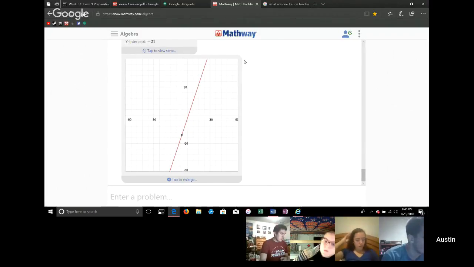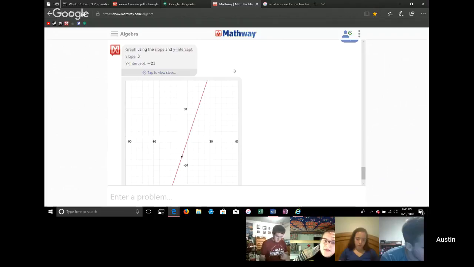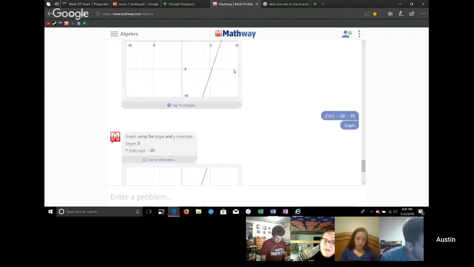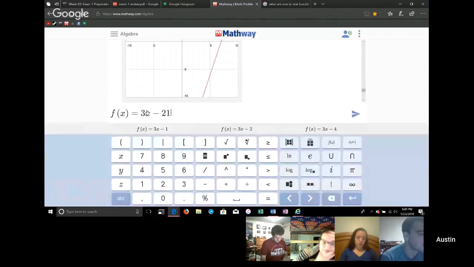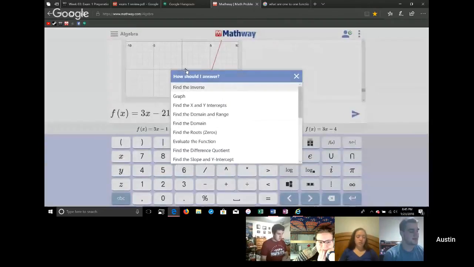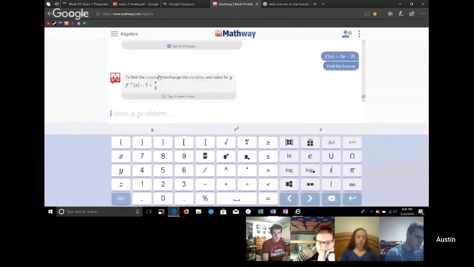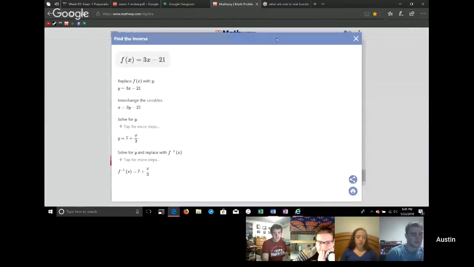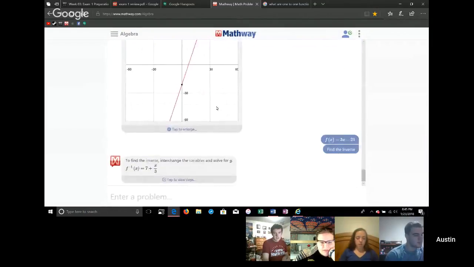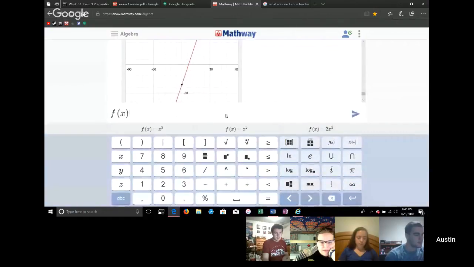Oh yeah, and state the domain and range of the inverse function. Okay, that's what I was doing. But the inverse still has a slope of 1/3, so it's still going to be the same. Yeah.